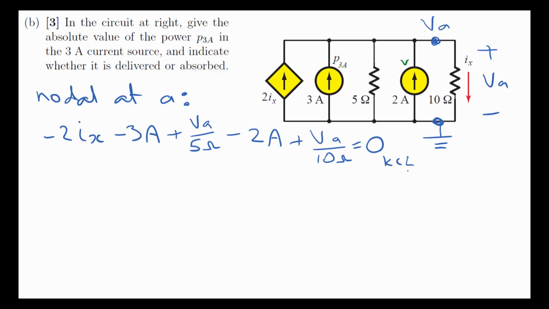Now, one thing we can notice is that this term represents the current through the 10 ohm resistor, and we have a definition for that current as IX, which is the controlling current for the dependent current source. So we could use that information later.